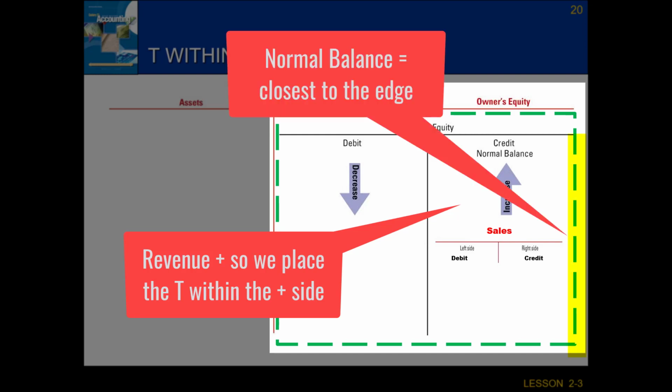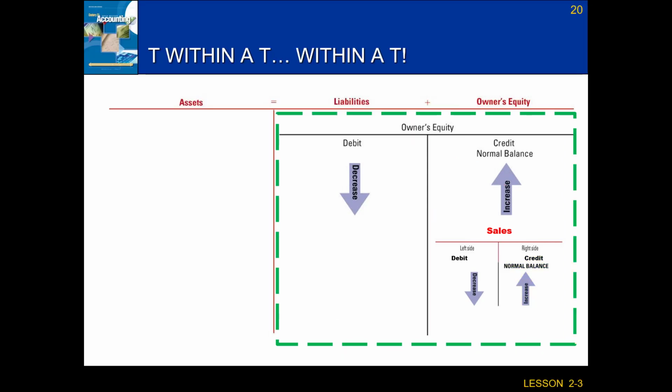So it's the same rule. I'm going to put the increased normal balance closest to the edge. So the new edge for owner's equity is the green dotted line. So I'm putting my credit and the normal balance on the right side, and my debit is on the left, and that's my decrease.